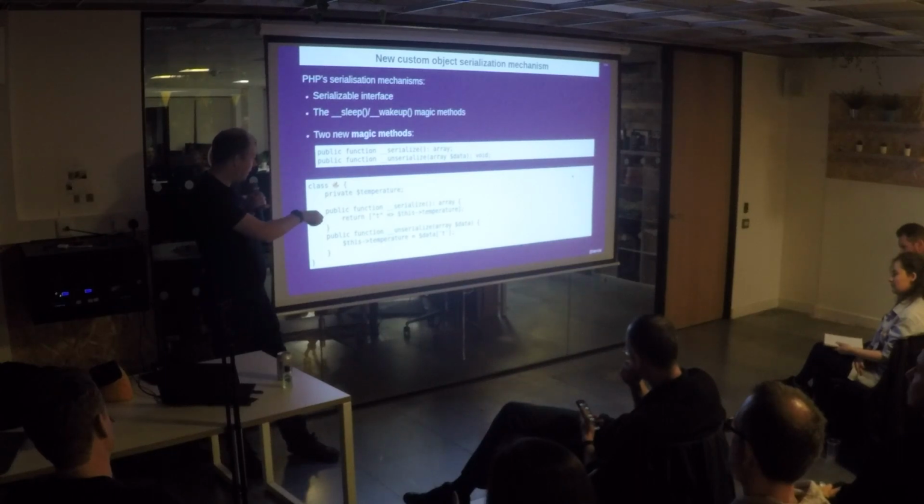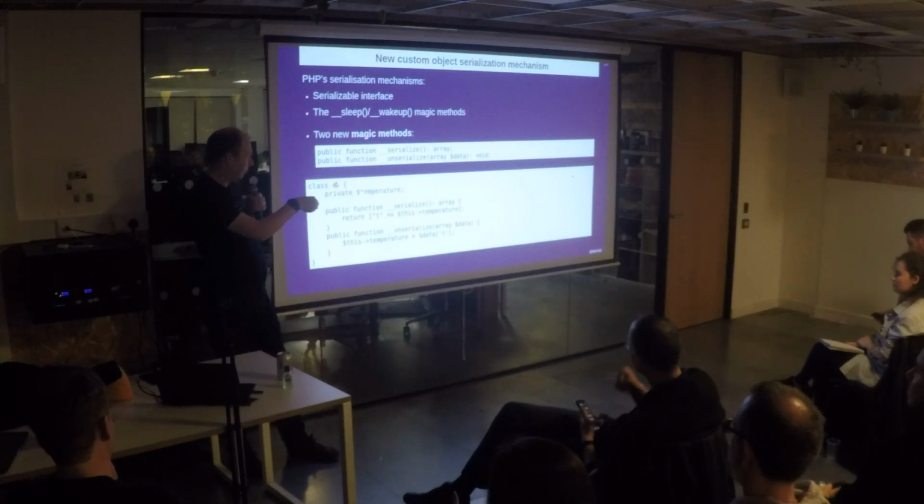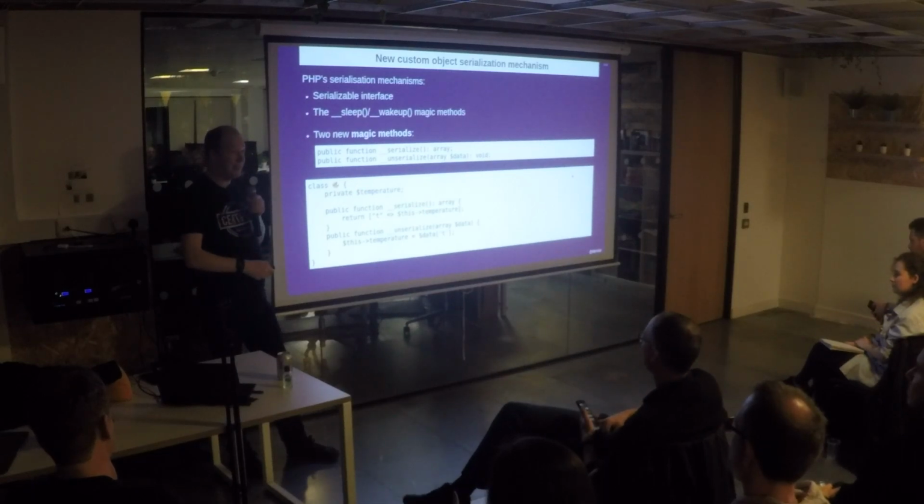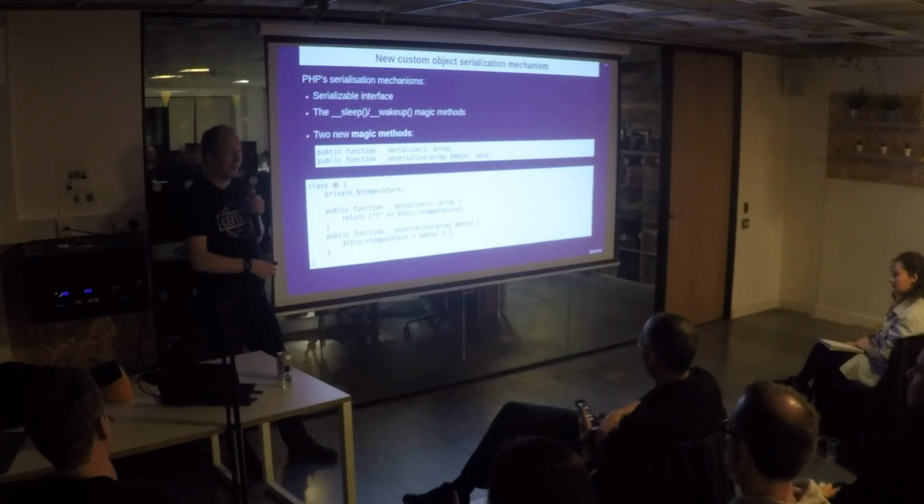So that's what we're doing here. In the serialize function, we're returning the temperature property as t. And then we're restoring this: we're setting the temperature property back from the data argument, from the array key t again. That's pretty simple.